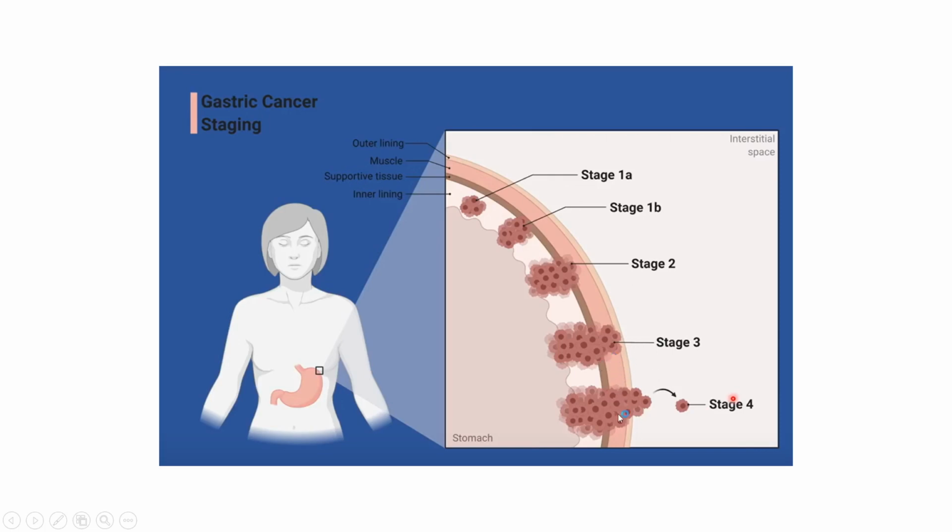and very difficult to target. At the initial stage, such as stage 1, stage 2, you can still use certain chemotherapeutic agents to limit the cancer cell growth by removing the cancer cells.